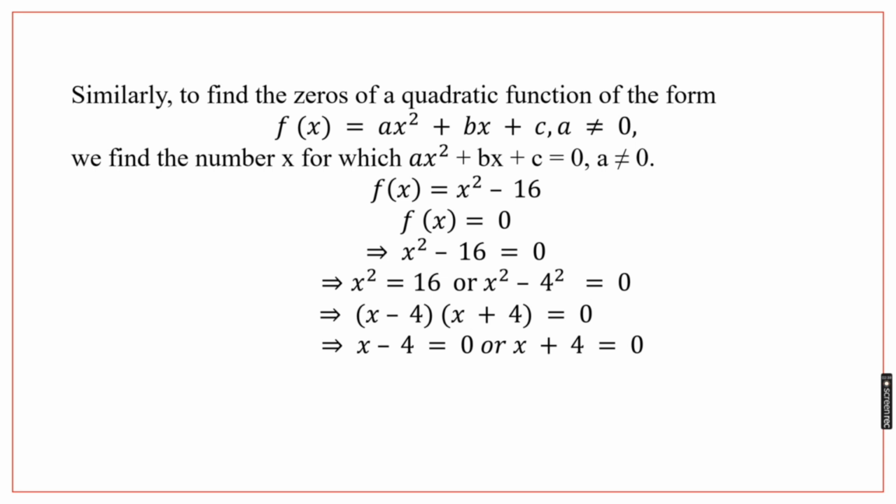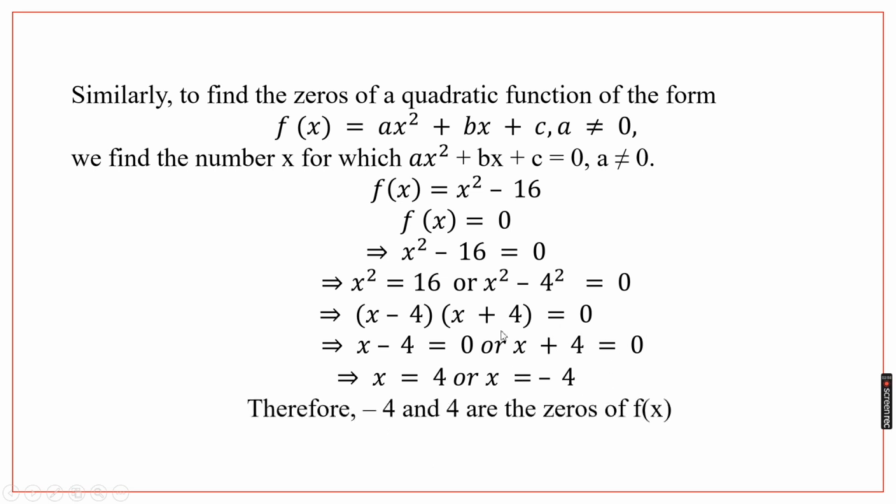If one of them is 0, then the result will be 0. So we separate them. x minus 4 equals 0 gives x equals 4, or x plus 4 equals 0 gives x equals negative 4. So those two numbers, negative 4 and 4, are the zeros of the quadratic function x squared minus 16.